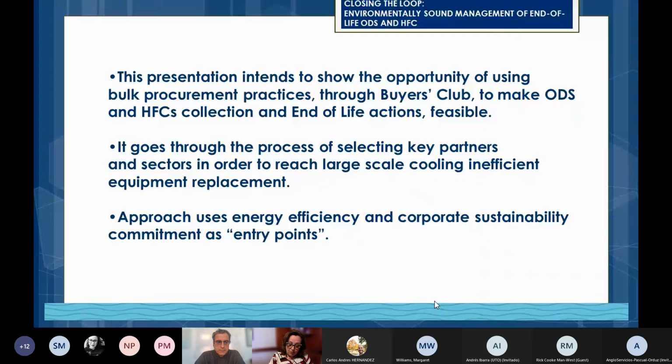The approach we use uses energy efficiency as entry point, as well as the corporate social and environmental responsibility and sustainability commitment of a selected large buyer. After my presentation, I will then give the floor to Mr. Vital, who will present our pilot project in the health sector.